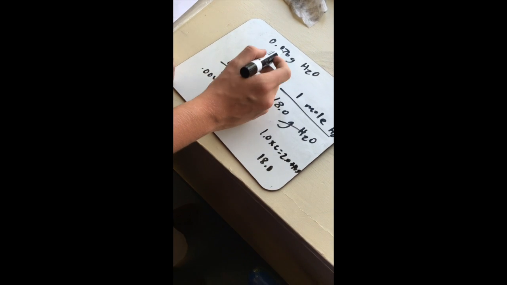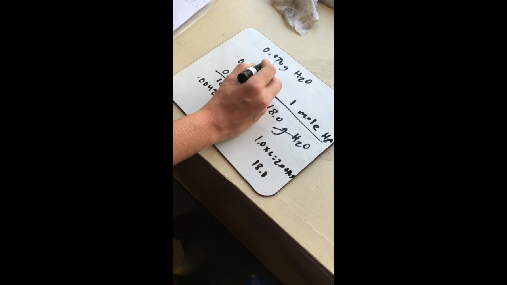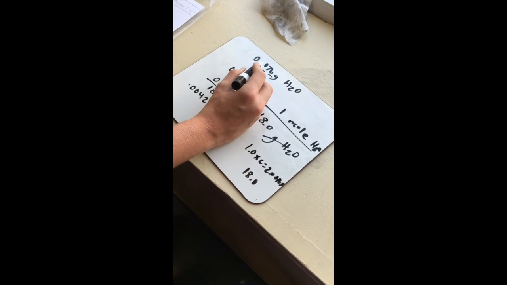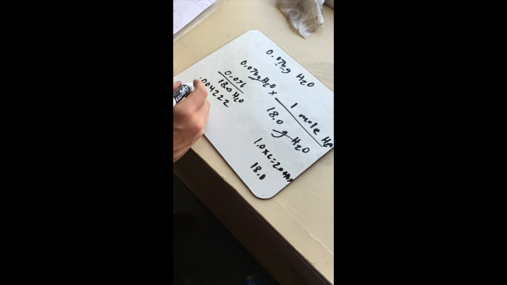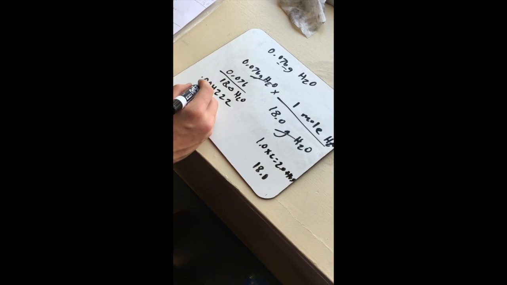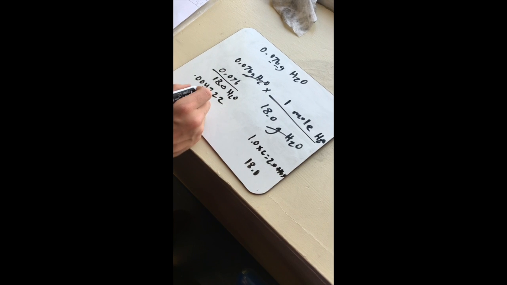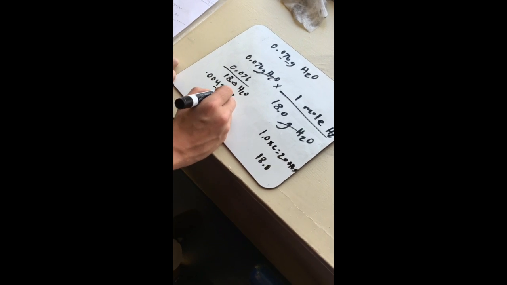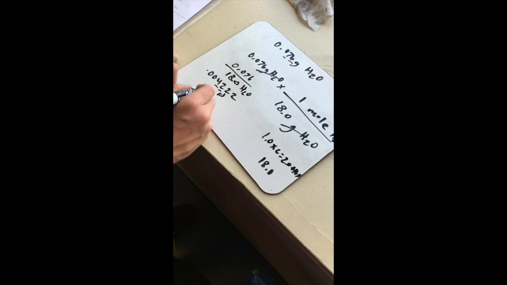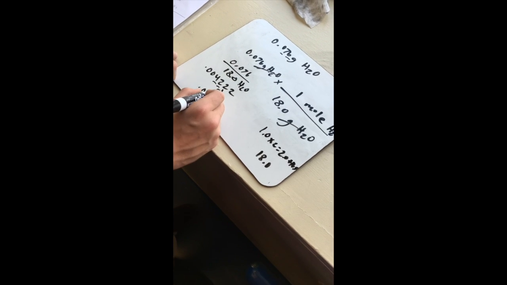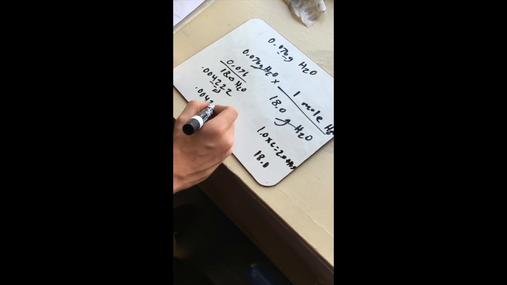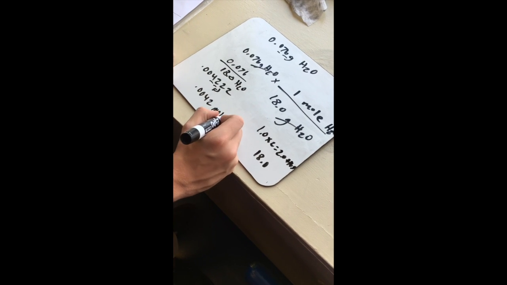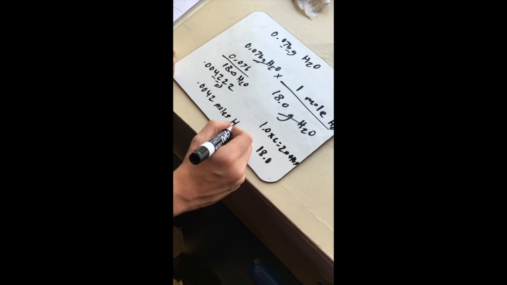Now when you look back at your top, you only have 2 significant figures because this 0 is just a placeholder, and so is this one, so they wouldn't count as significant figures. Go down here, these 2 are insignificant, but these figures are. So you would use your 2, round if you could, but you can't. So your final answer would be 0.0042, and you have mole of H2O still left, so it would be moles H2O.